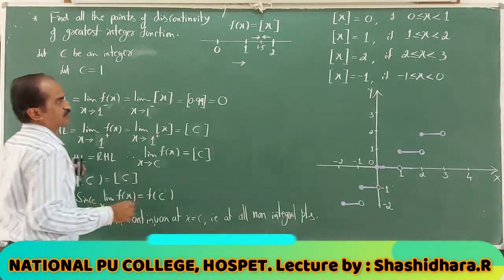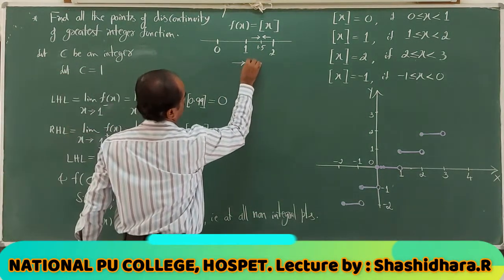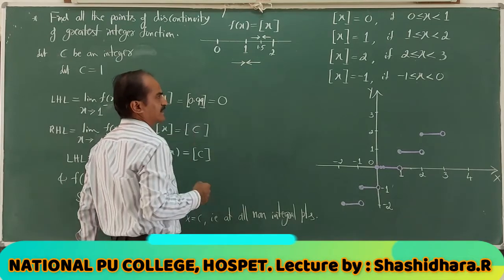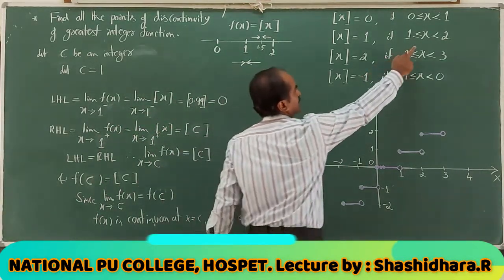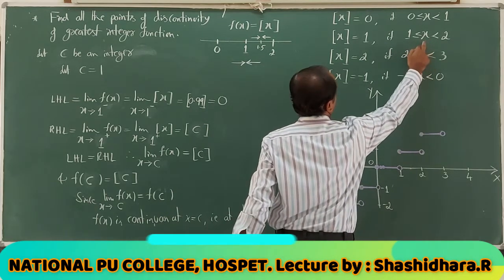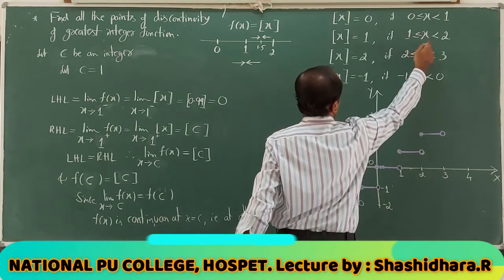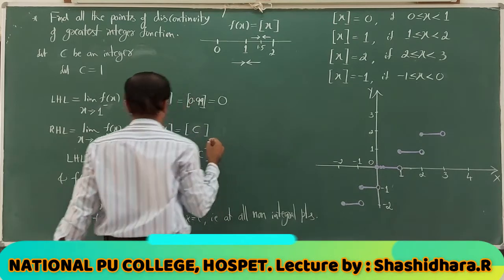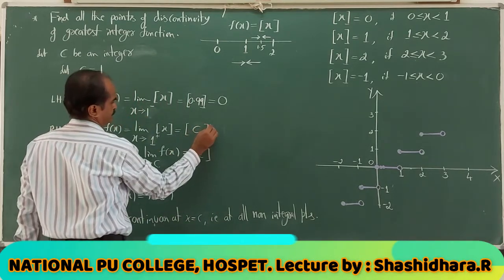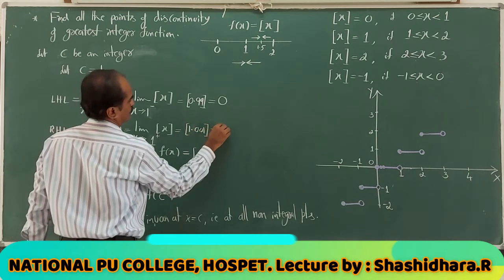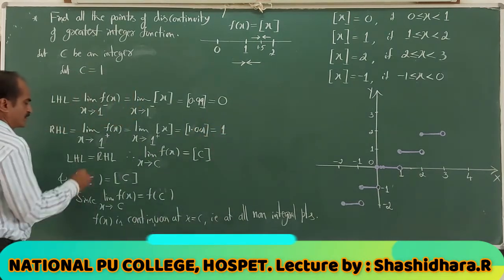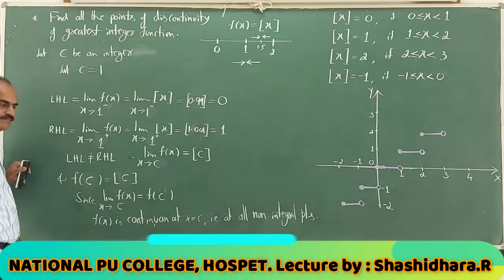Now, as x approaches 1 from the right side, the value of x is slightly greater than 1, maybe 1.001. In this interval it lies. The greatest integer of 1.001 is what? 1. So LHL is not equal to RHL.